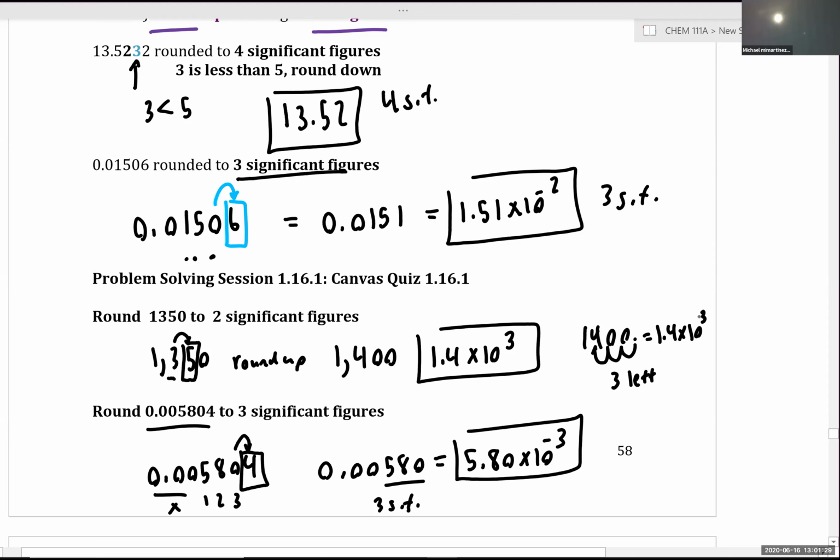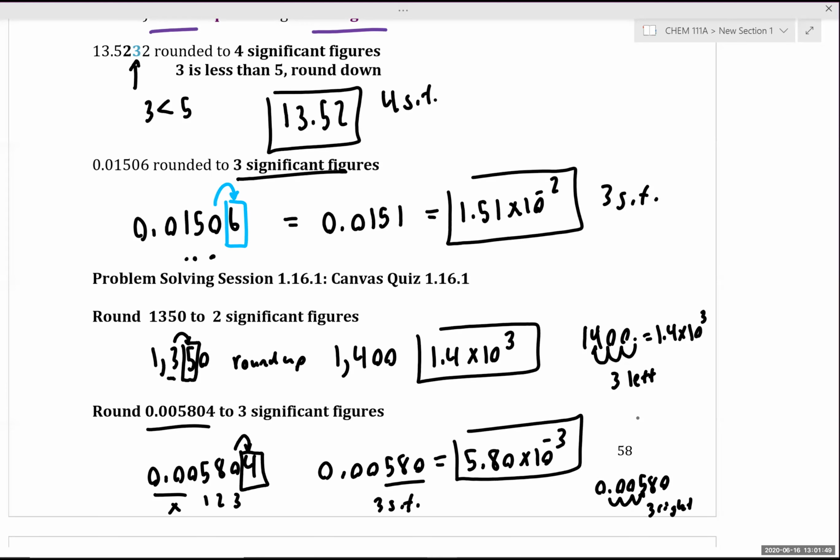So we have a positive power of 10. Since this next number is less than 1, when we take 0.00580 and we move our decimal point, we're moving it 3 spaces to the right, and that in turn means we have a negative power of 10. Does that make sense? Yeah, sure it does. Any other questions?